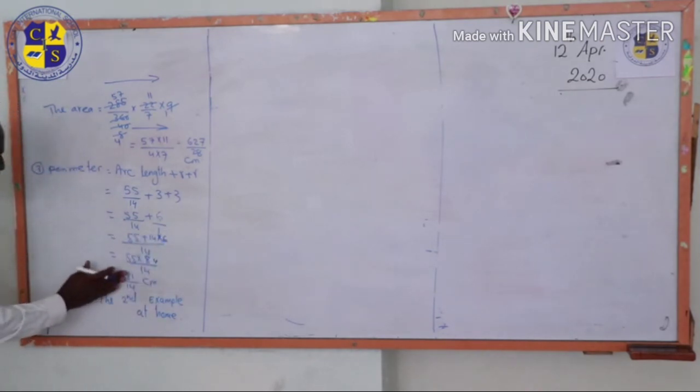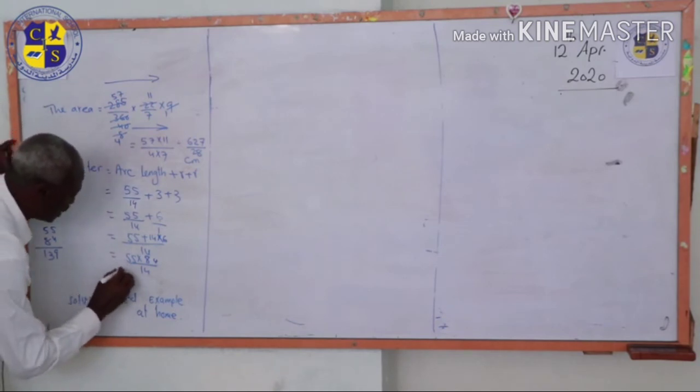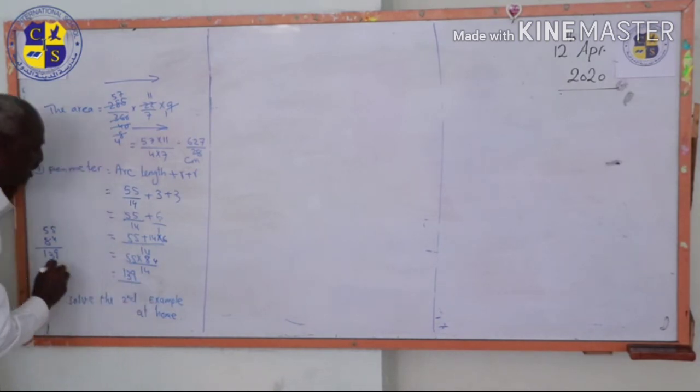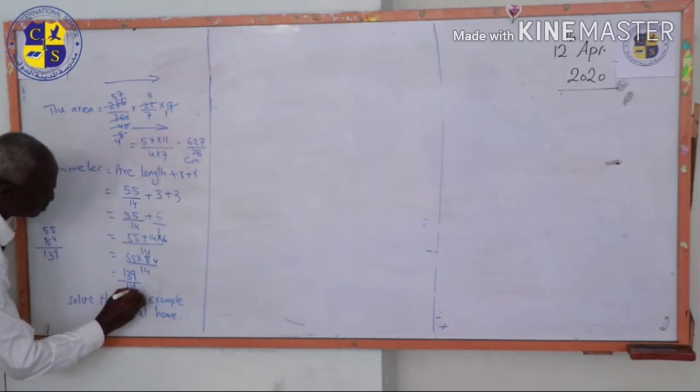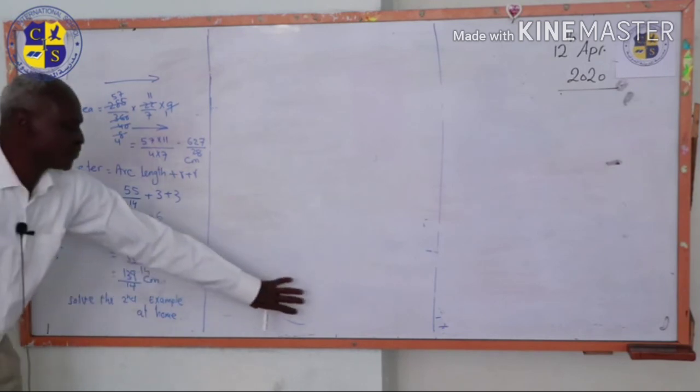Now you can add: 55 plus 84 will be 139. So the result is 139 over 14 centimeter. So the perimeter of the sector is equal 139 over 14 centimeter. This is for the first figure.